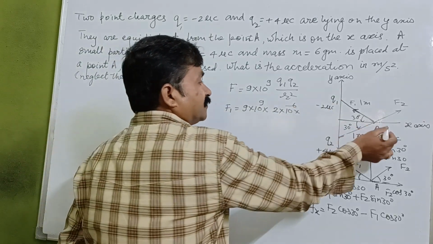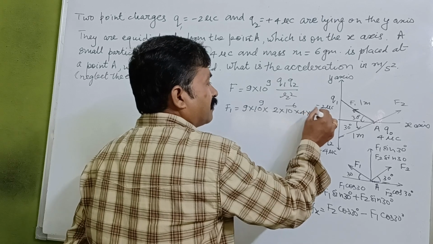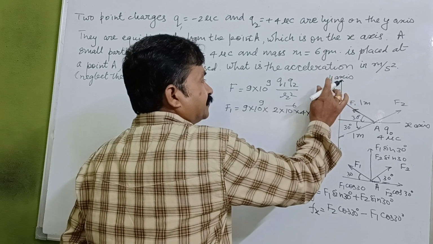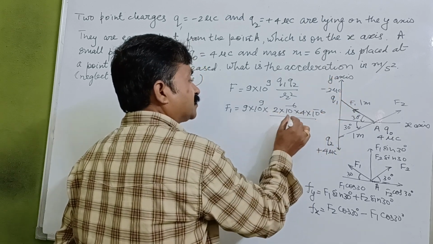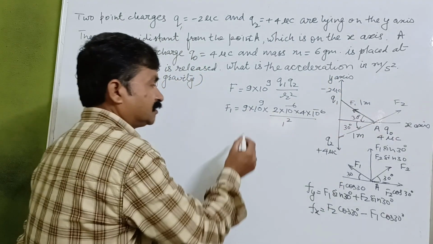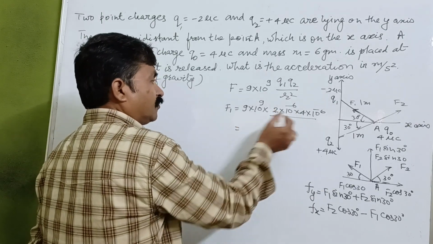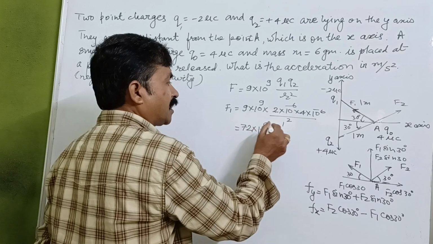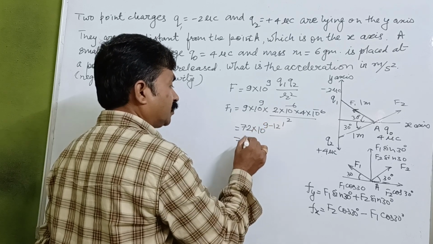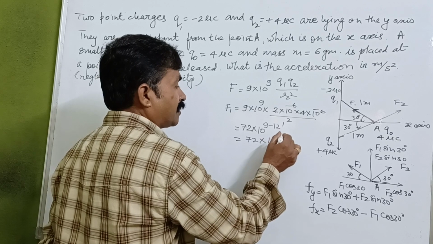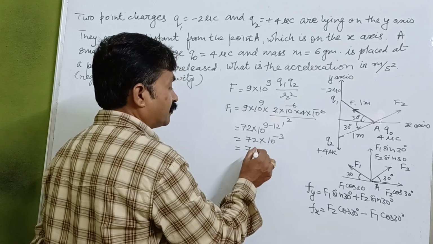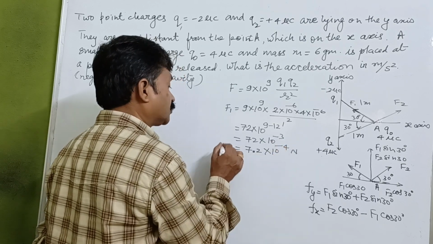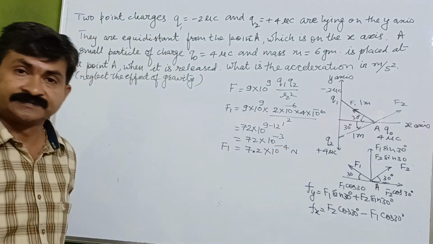And the other is 4 into 10 raised to the power minus 6, divided by 1 square, as the distance is 1 meter. So 9 into 8 is 72, and 10 raised to the power 9 minus 12. So it will give 72 into 10 raised to the power minus 3, ultimately 7.2 into 10 raised to the power minus 2 Newton, the force which is F1.